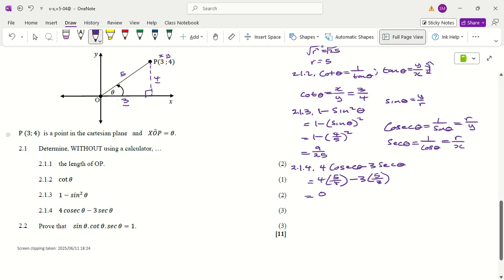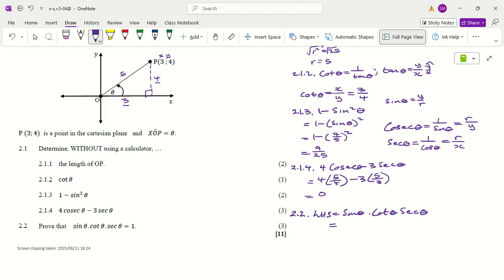And then 2.2, it says prove that sine theta times cot theta times sec theta is equal to 1. So we're going to pick the left hand side, which is sine theta times cot theta times sec theta.